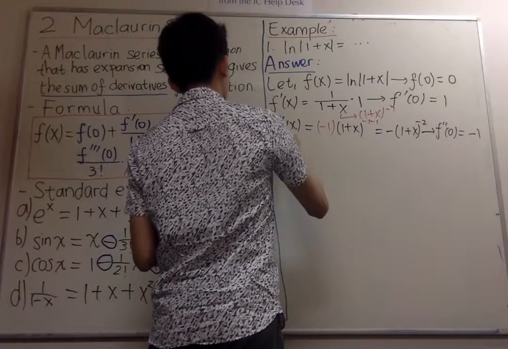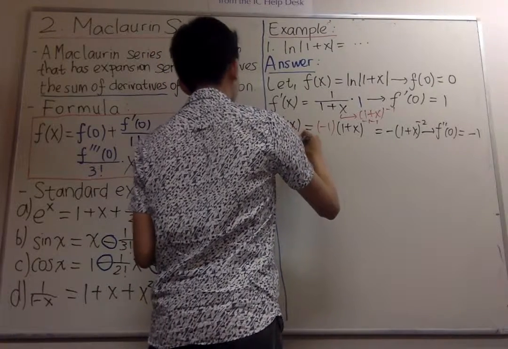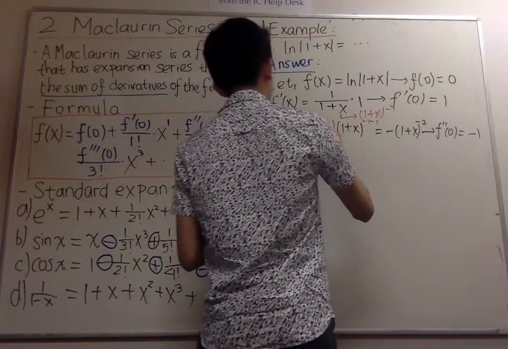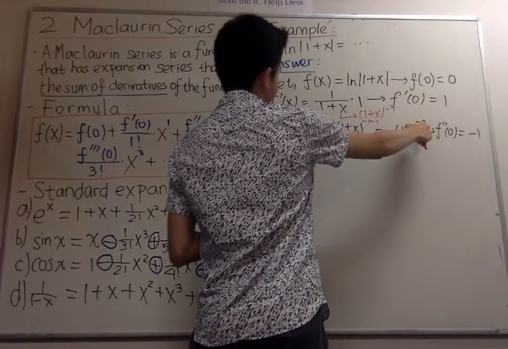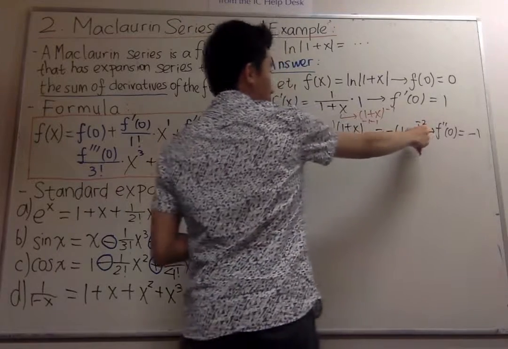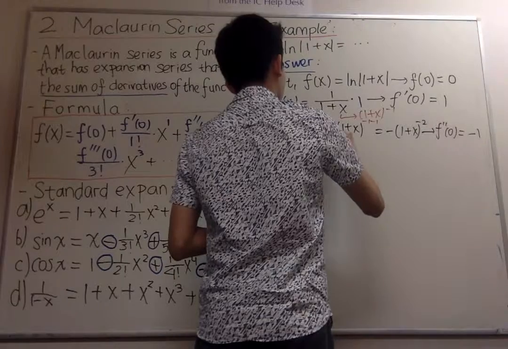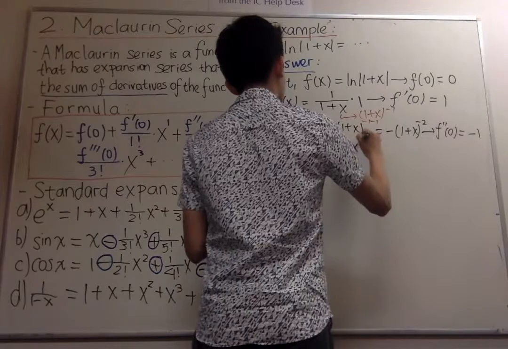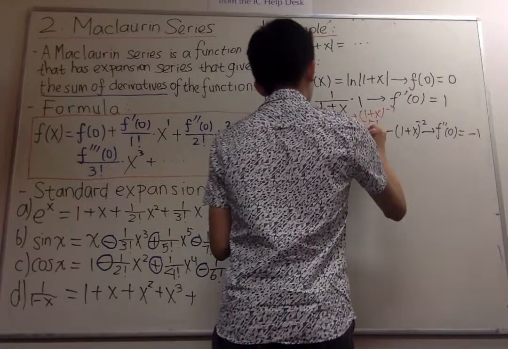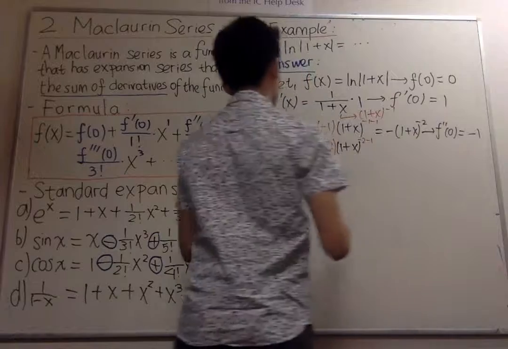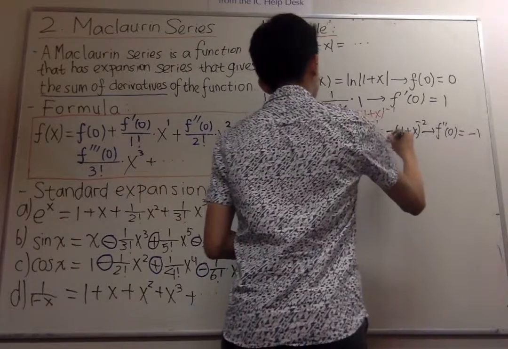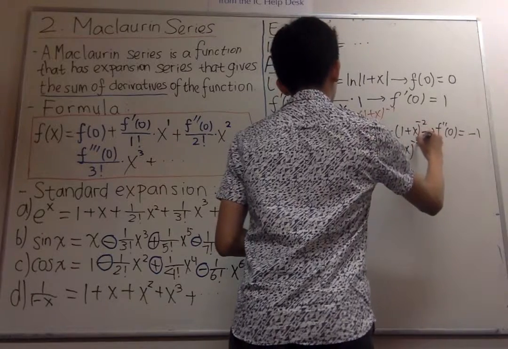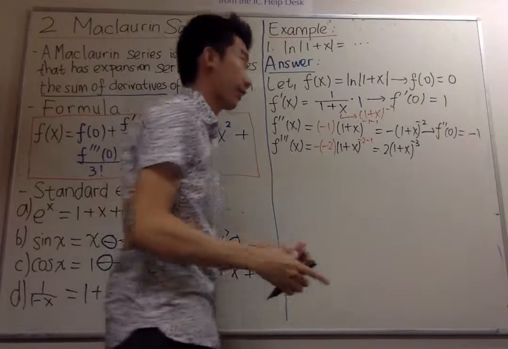Now let's differentiate for the third and final time, I guess. Let's apply the power rule again. Put the negative 2 down, and now we have 1 plus x to the power of negative 2 minus 1, which is 2 times 1 plus x to the power of negative 3.